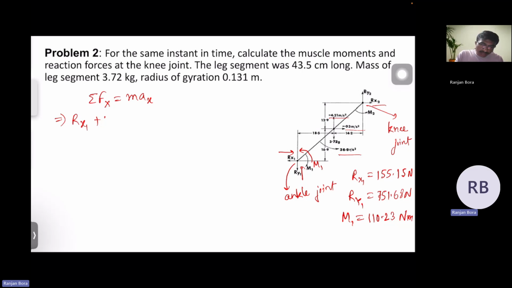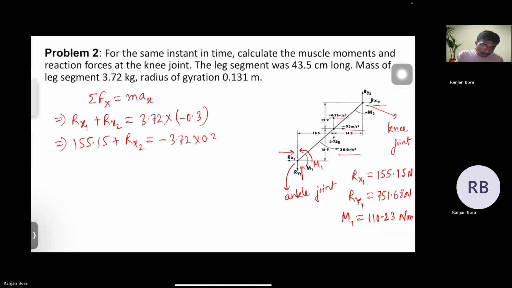Mass of the leg segment is 3.72. Acceleration in the x direction is minus 0.3. From here, Rx1 is 155.15 plus Rx2 equals 3.72 into minus 0.3.